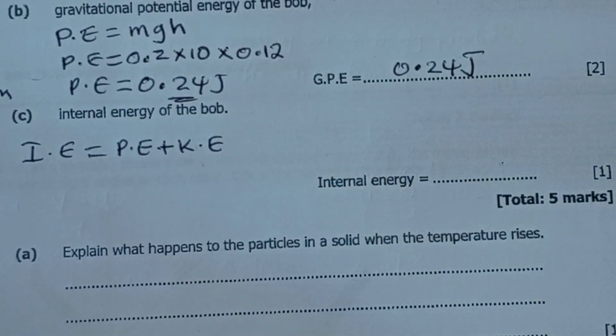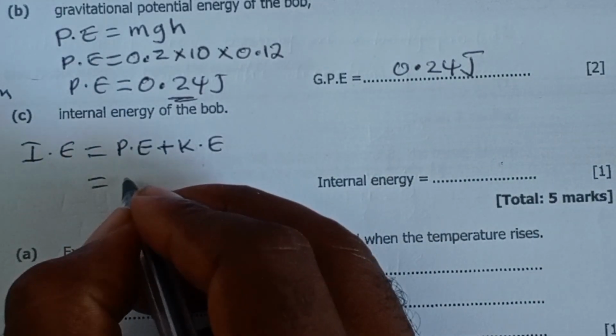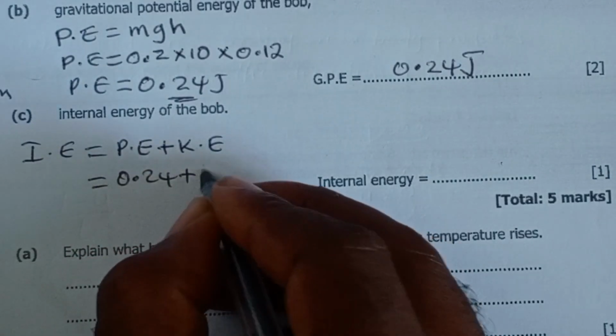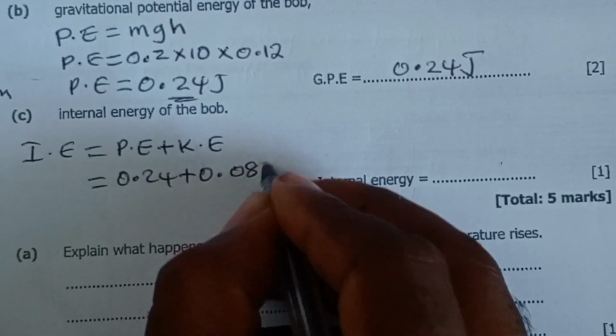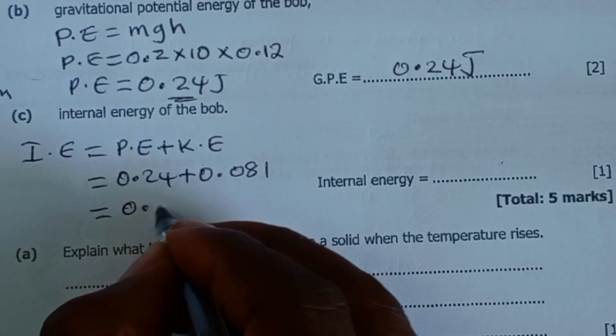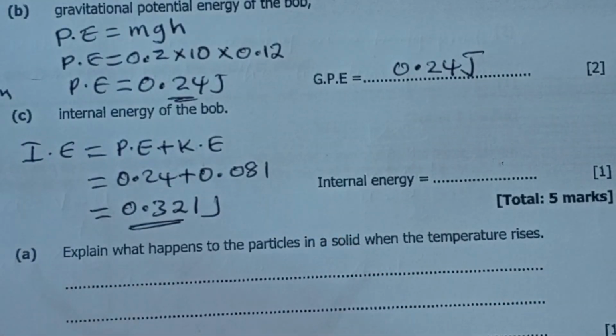That is the total energy. So in this case, we say potential energy is 0.24 plus kinetic energy 0.081. So the final answer is 0.321. So that is the internal energy.